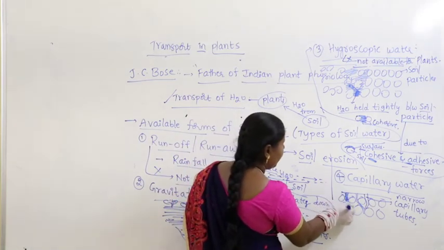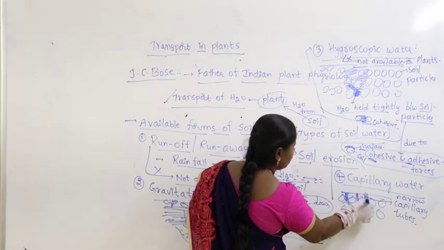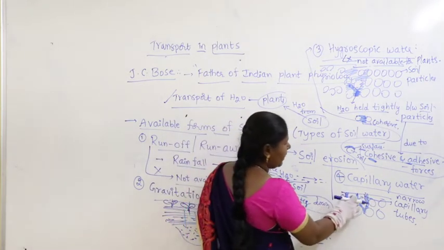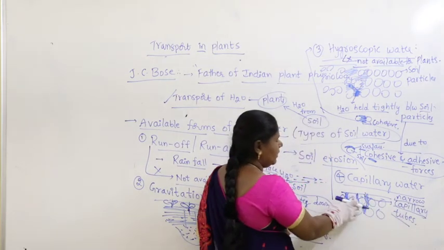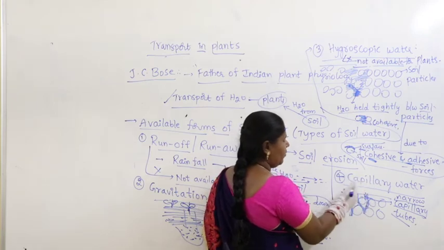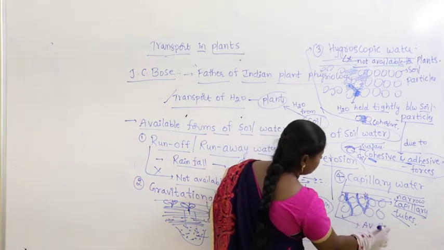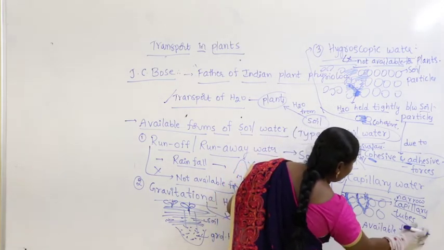These narrow capillary tubes are filled with water. This water is called capillary water, and this is the water available for plants.